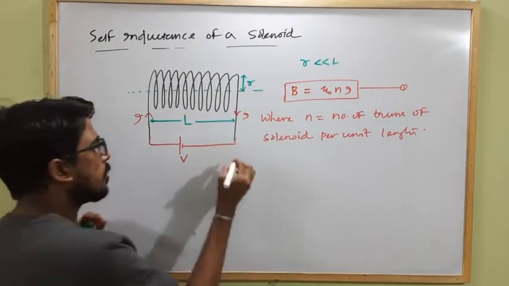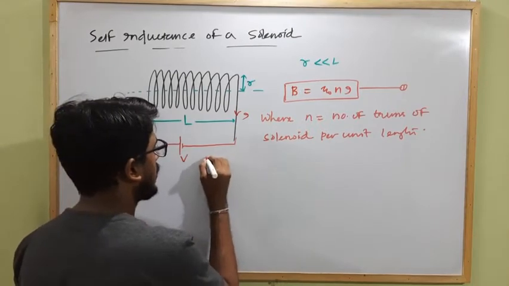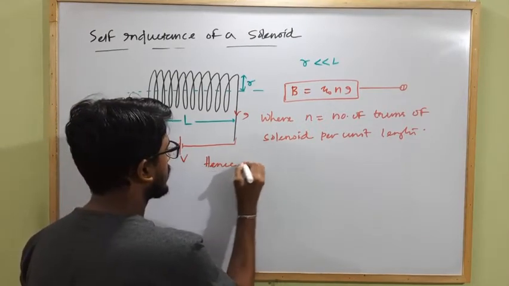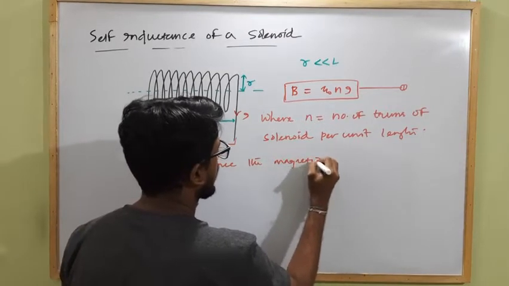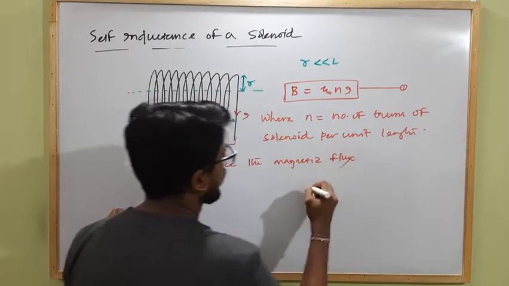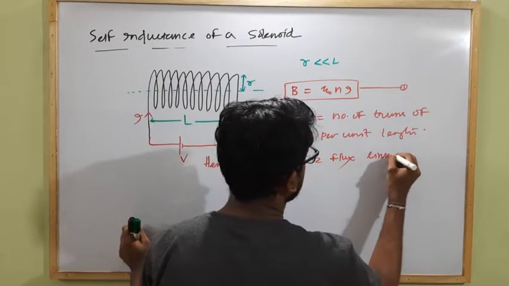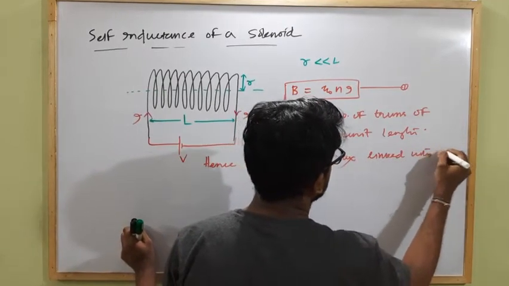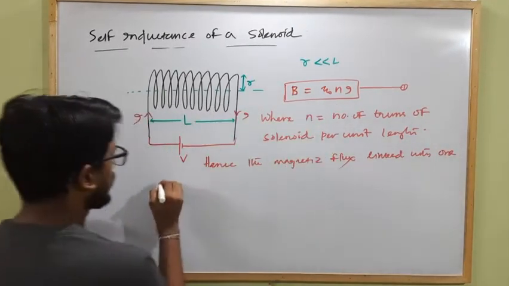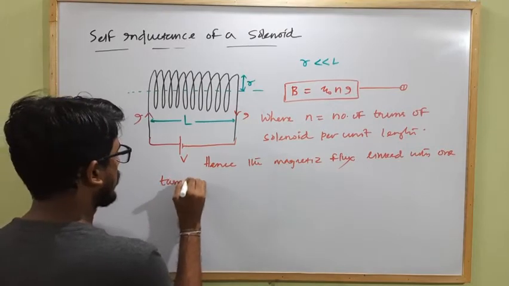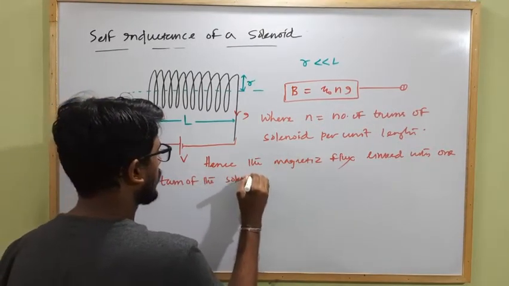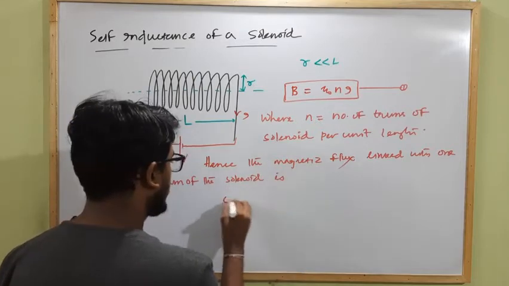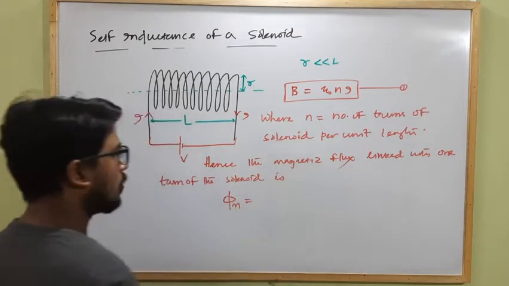So now what is the magnetic flux? Hence the magnetic flux linked with one turn of the solenoid is, let phi m equal to how much?